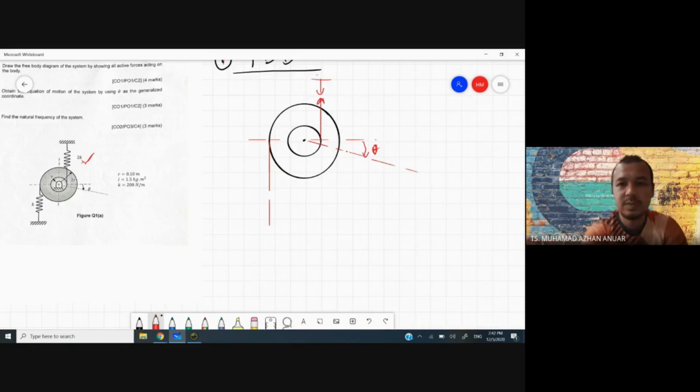So this part is fixed, and the second spring, this one, will experience tension as well. So you should draw this one as compression, because in effective motion it experiences tension, so you draw it as a compression force. Okay, so we have a fixed end here.